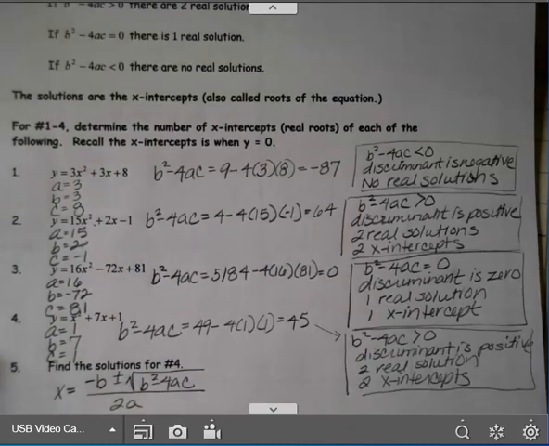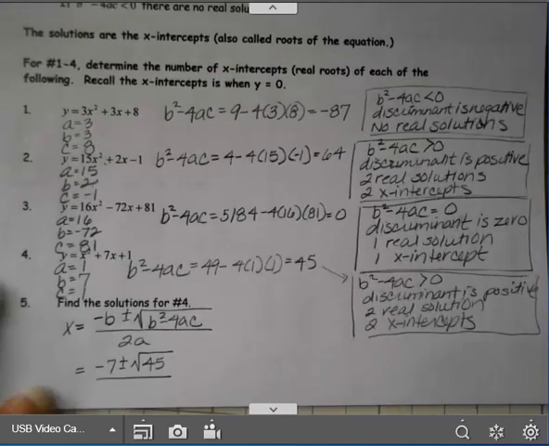What's nice about this is I can do the opposite of b, which we already found b was here, so this is negative 7. Plus or minus, I already found my discriminant. That's 45. So sometimes it's kind of nice to go ahead and find the discriminant ahead of time. So you can just plug it in there. And that's divided by 2 times a, so 2 times 1.